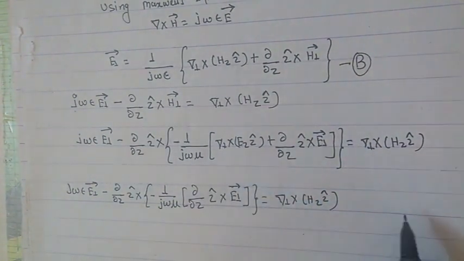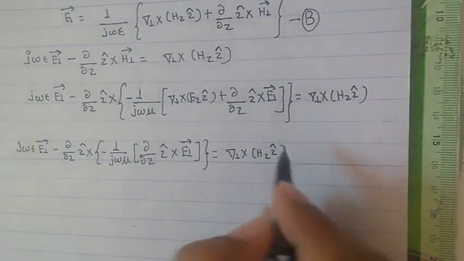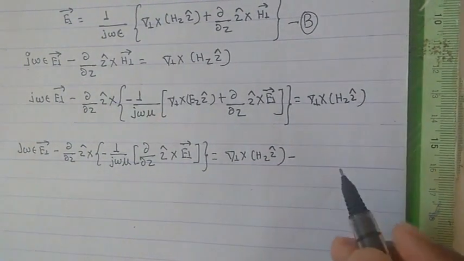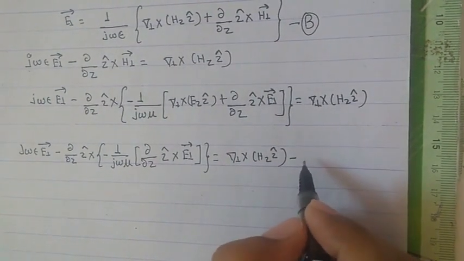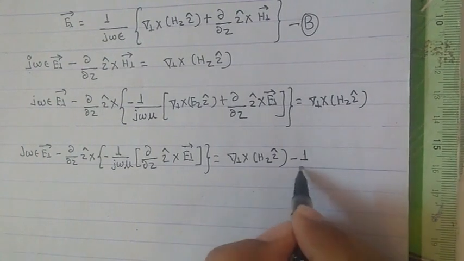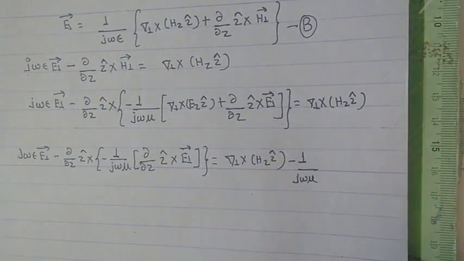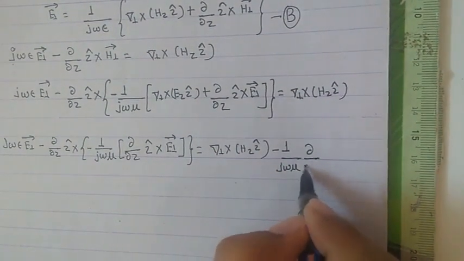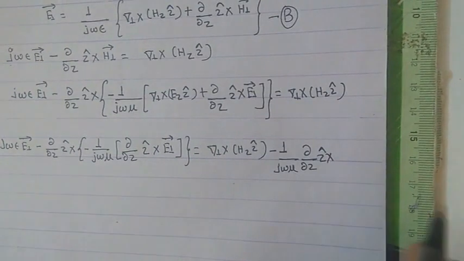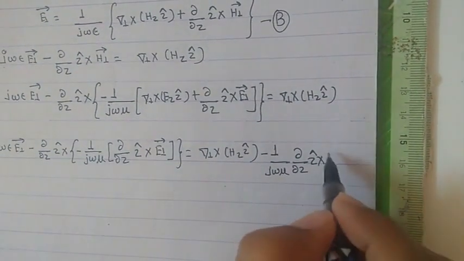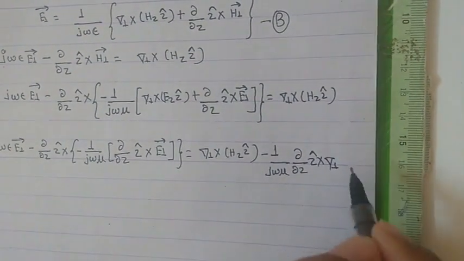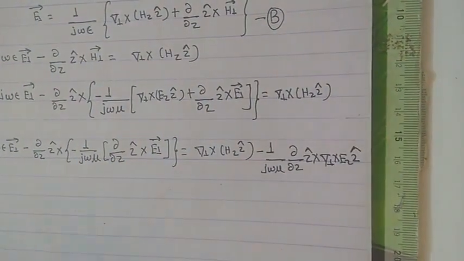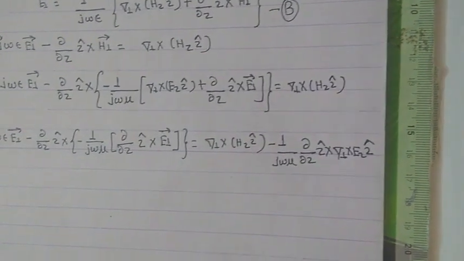And this term will be taking to the right side. That is minus del transverse cross Ez z.